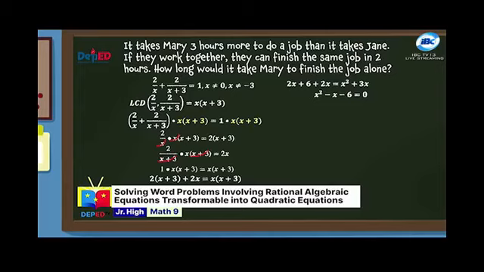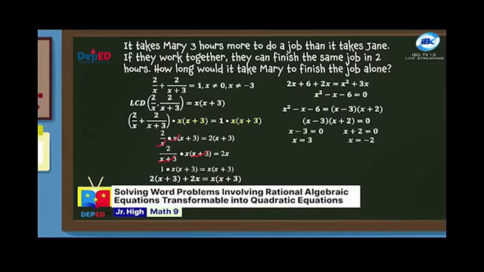And this can also be solved by factoring. x squared minus x minus 6 is equal to the product of the binomials x minus 3 and x plus 2. Hence, we have the equation binomial x minus 3 times binomial x plus 2 equals 0.